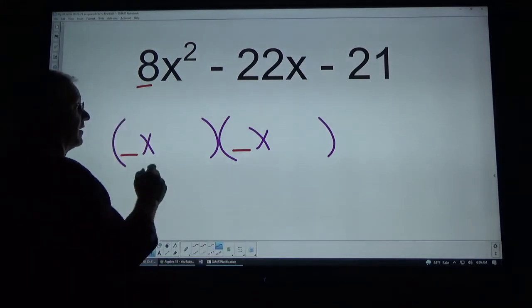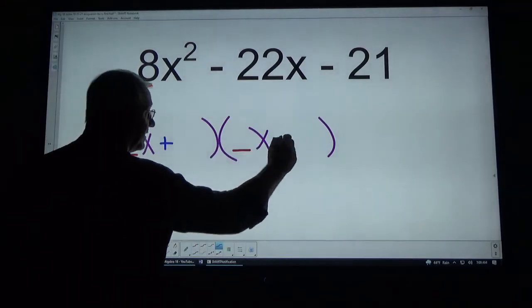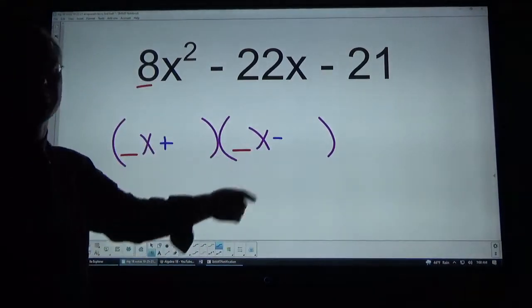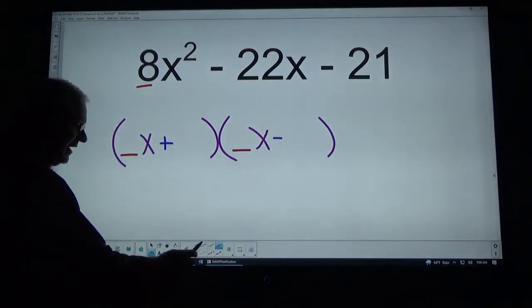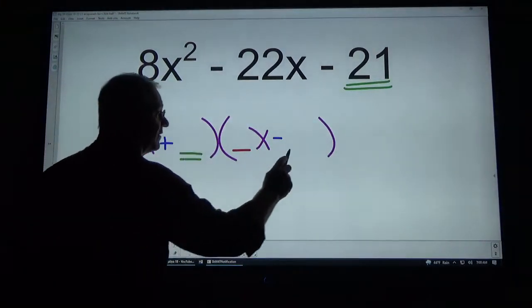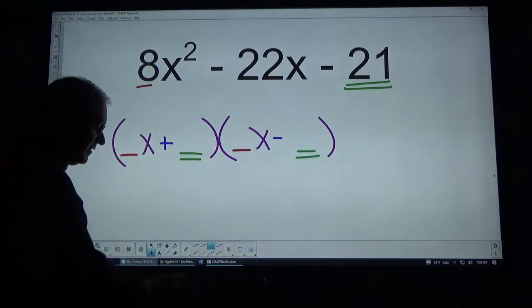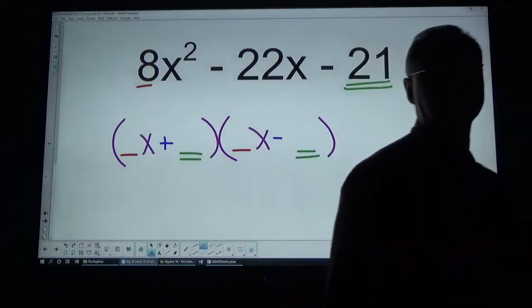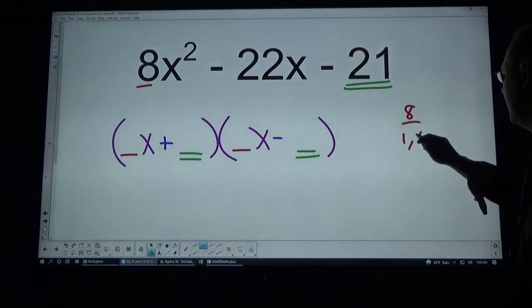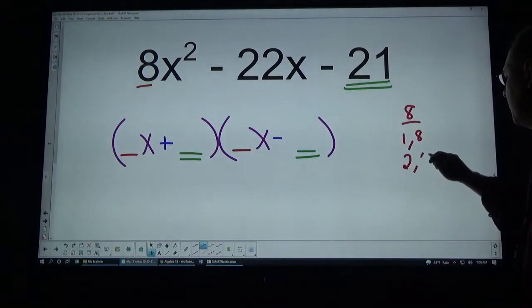Our signs are a plus and a minus when we look at our sign chart, because they have to multiply to a negative, so it has to be a plus and a minus. And then a pair of numbers to give us 21 that are here and here. So let's write options. Here we go. 8: 1 and 8, 2 and 4.